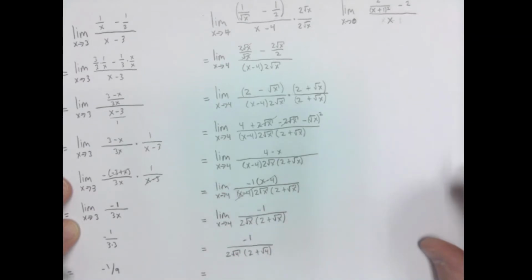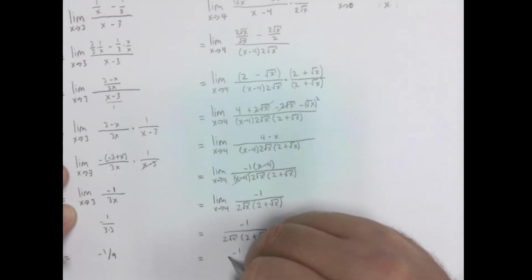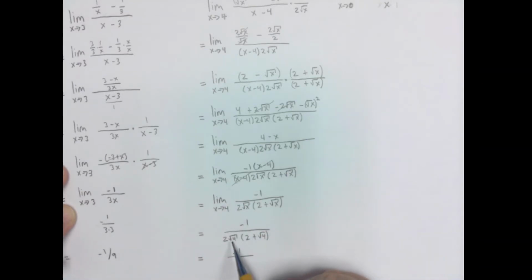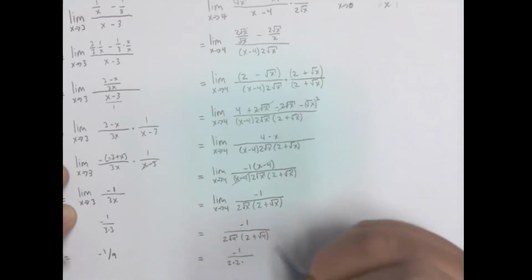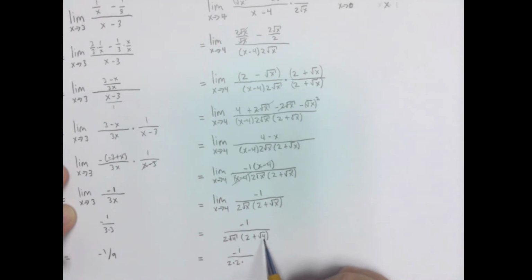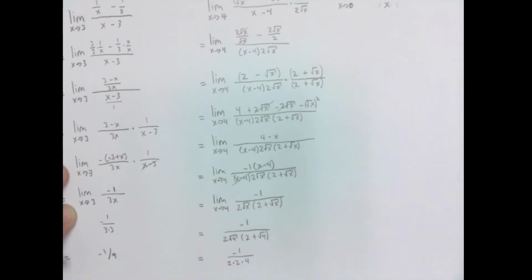Which is negative 1 divided by, well, square root of 4 is 2, so 2 times 2, times 2 plus the square root of 4, well, the square root of 4 is 2, so 2 plus 2 is 4. So we have negative 1 over 4 times 4, which I suppose gives us negative 1 over 16.